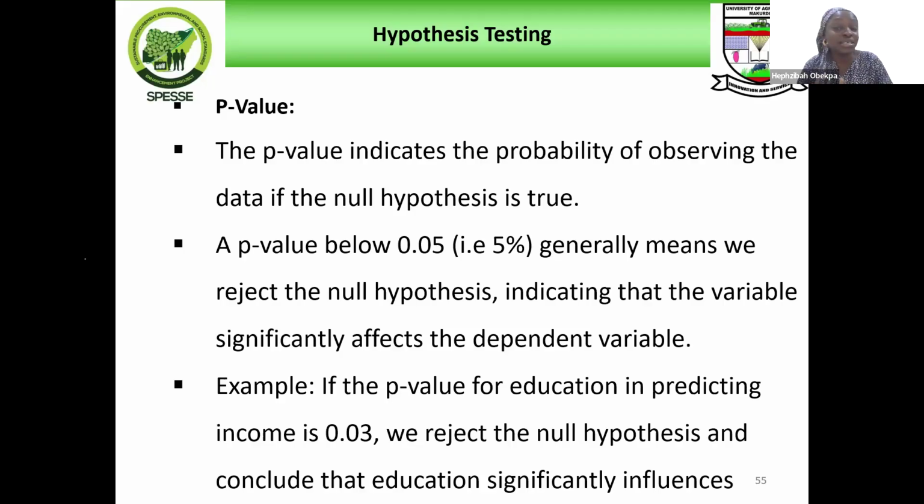So if we're using education to predict income, the null hypothesis says that even if you find a relationship between education and income, it is not significant. But the alternative hypothesis will say it is significant. When your p-value is below 0.05, you always reject the null. It means there is a significant relationship between the variables you're looking at.